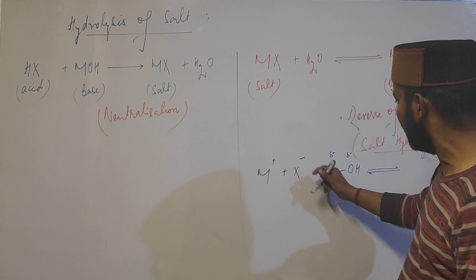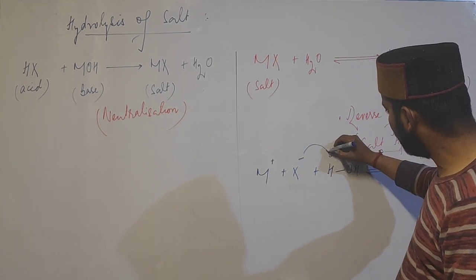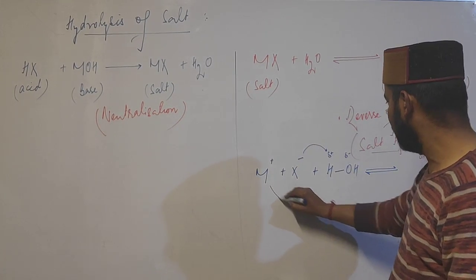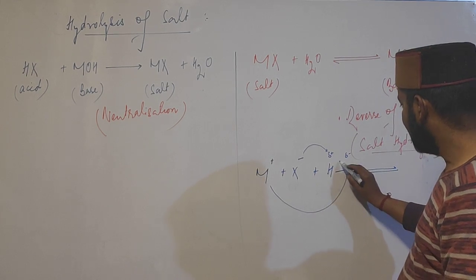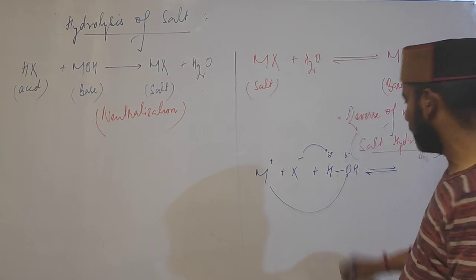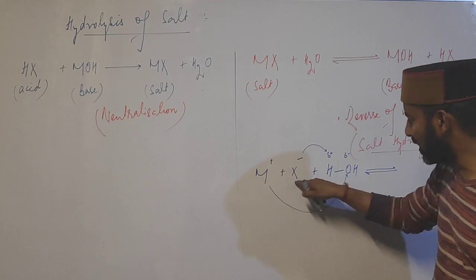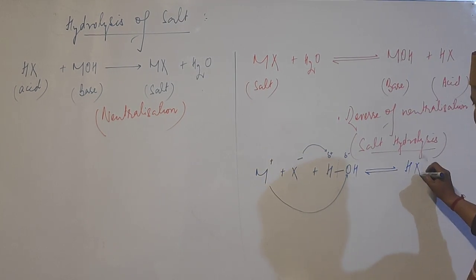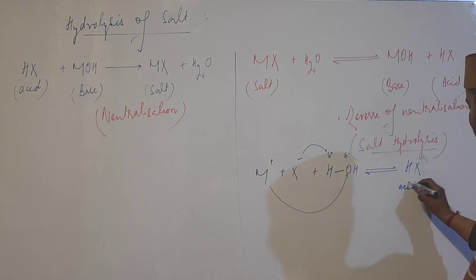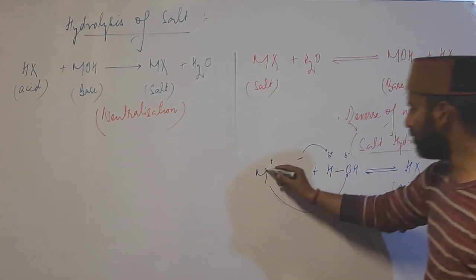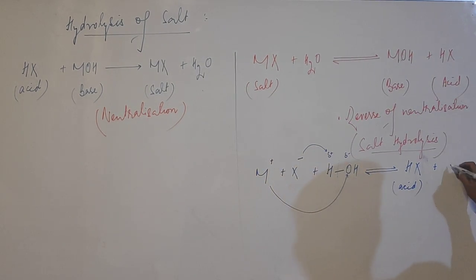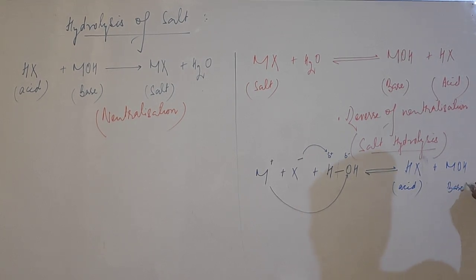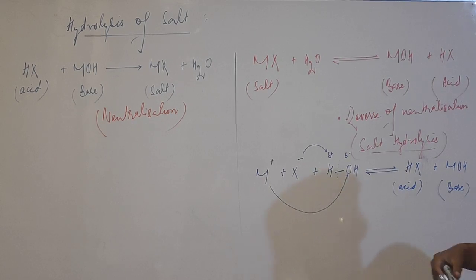Like this X negative will interact with H positive, and this M positive will interact with OH negative, and this causes splitting of water, and H and X combine to give HX, which is acid, and then M positive combines with OH to give base. So this reaction is called salt hydrolysis.